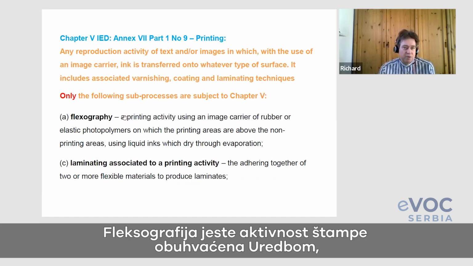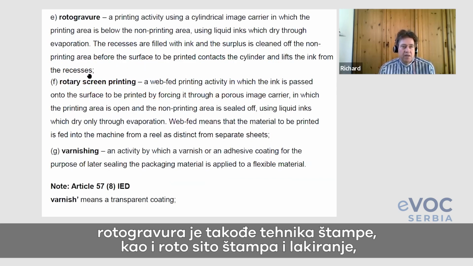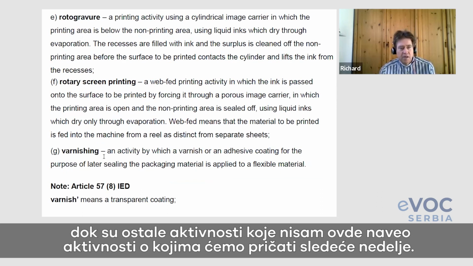Flexography is a printing technique that is generally under the scope of the VOC degree. The laminating associated technique would be an activity under printing too. The rotogravure would be a printing technique under the scope, as well as rotary screen printing and varnishing. The other two techniques that you don't find here, we speak about next week.